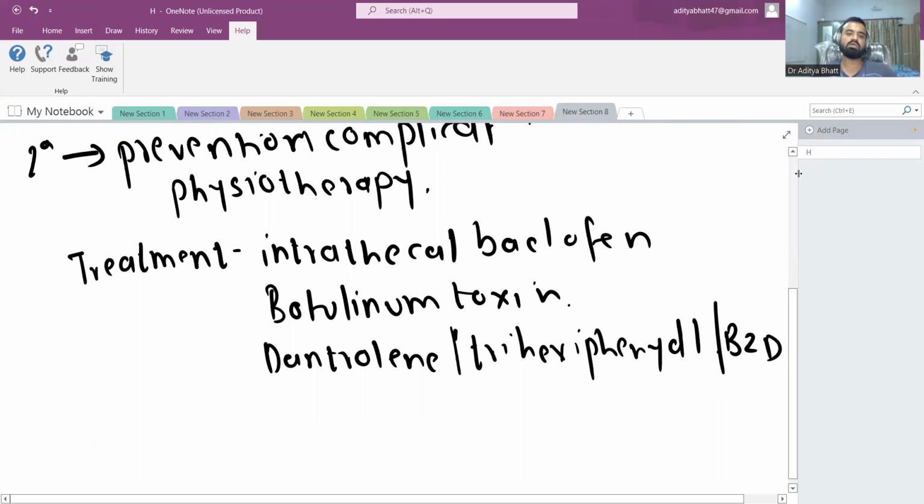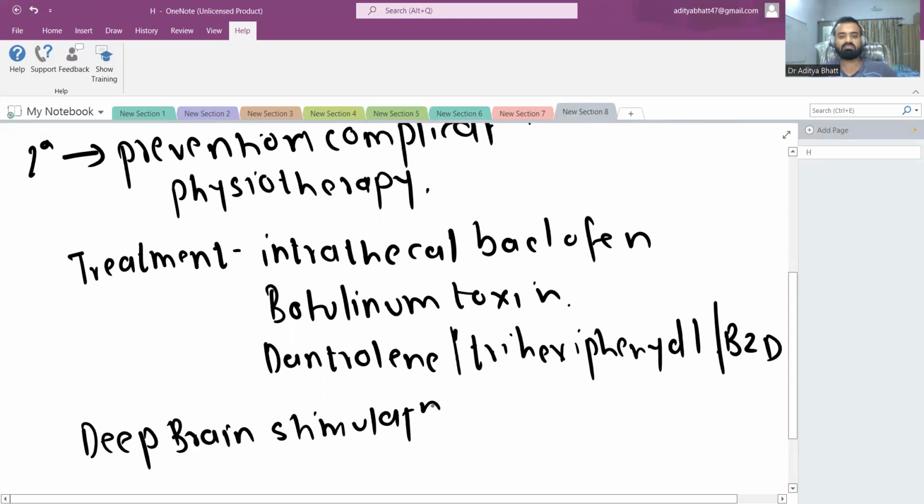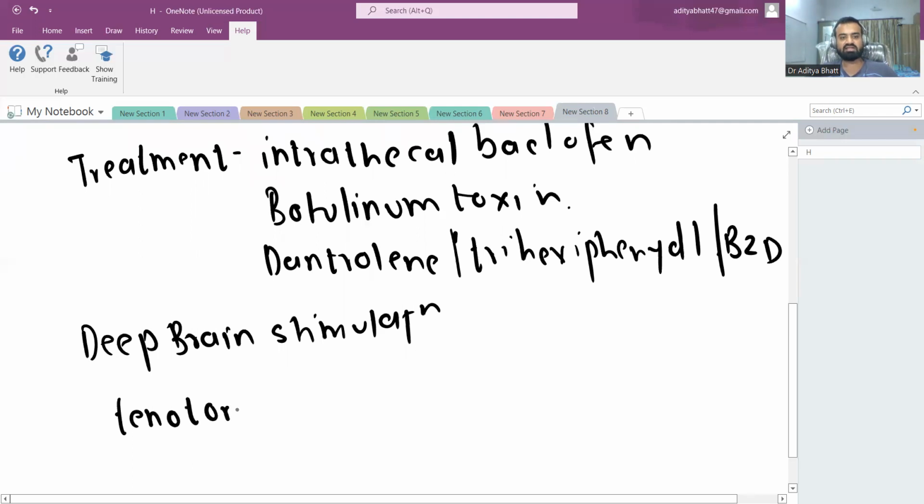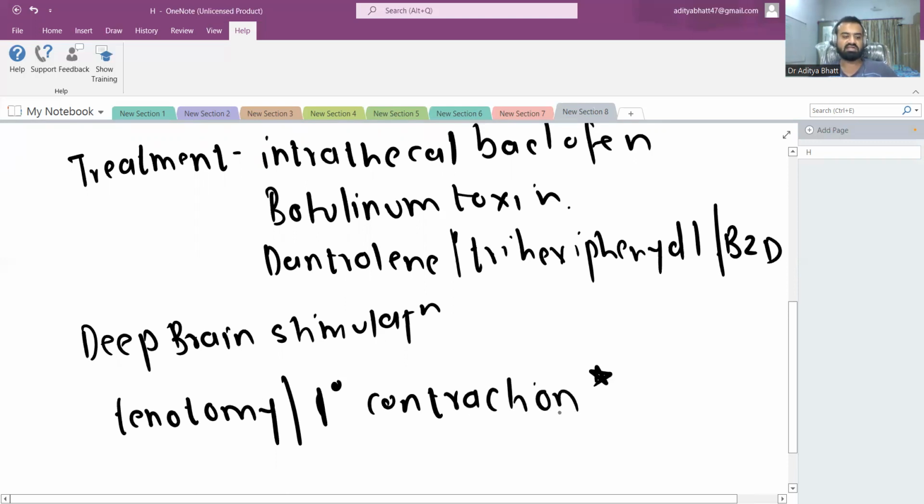All this you can give, and deep brain stimulation has been tried. Now many pediatric orthopedic surgeons and pediatric surgeons help by doing tenotomy to prevent contractures, and they help in functional rehabilitation of the patient. That is a very important part practically in patients of cerebral palsy.